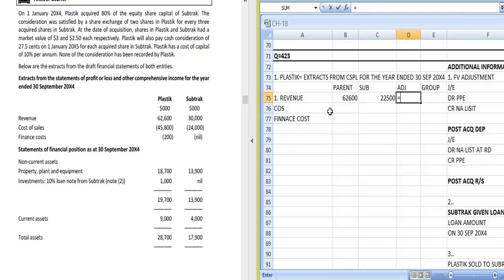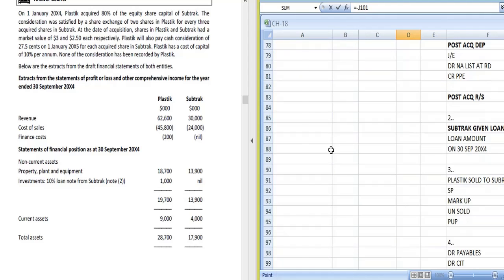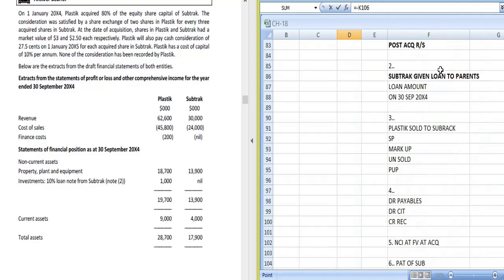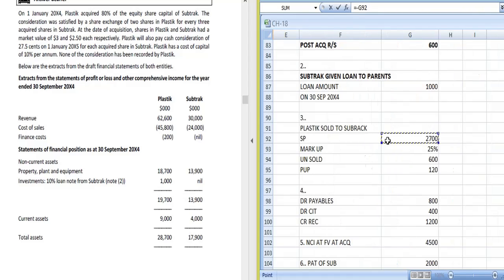Okay, and we will eliminate intra-group transactions. Here the parent sold goods to the subsidiary, so the amount is 2,700.